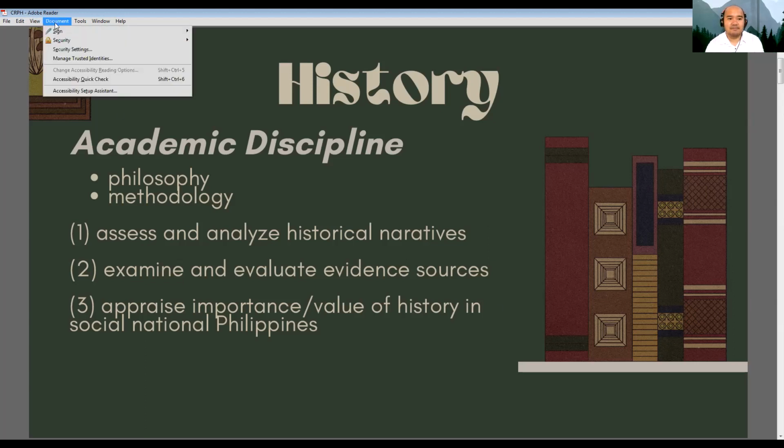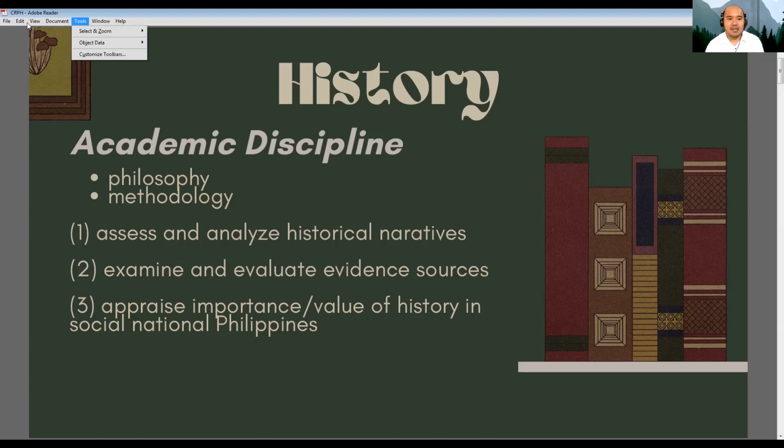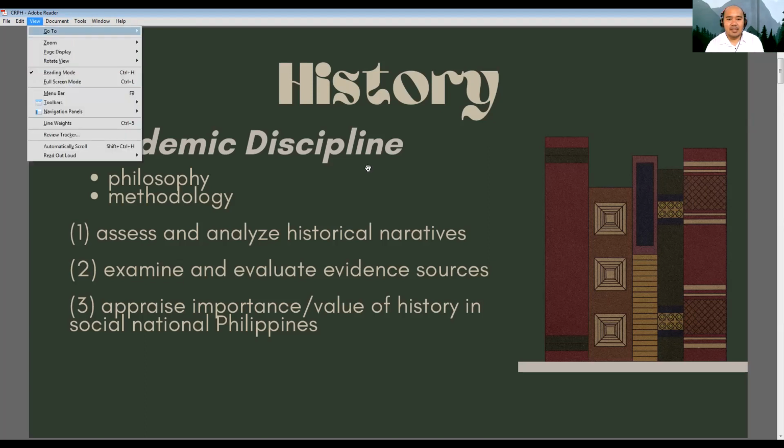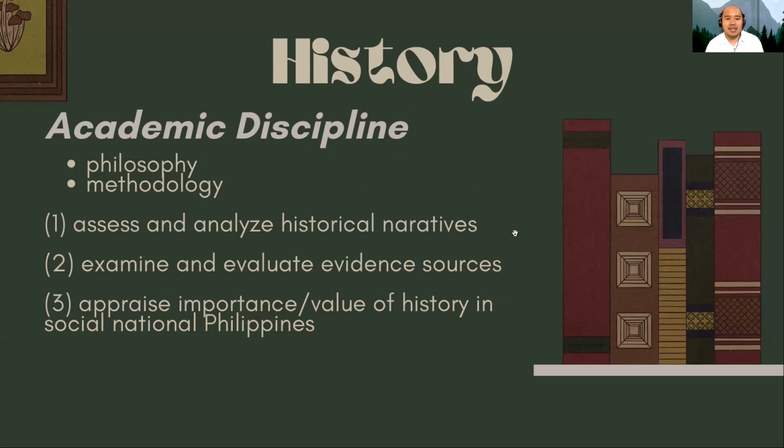When we say that it is an academic discipline, it means that it has a philosophy. We will discuss two philosophies later. Philosophy meaning a perspective, or a certain way of analyzing and interpreting events in history, as well as methodology.